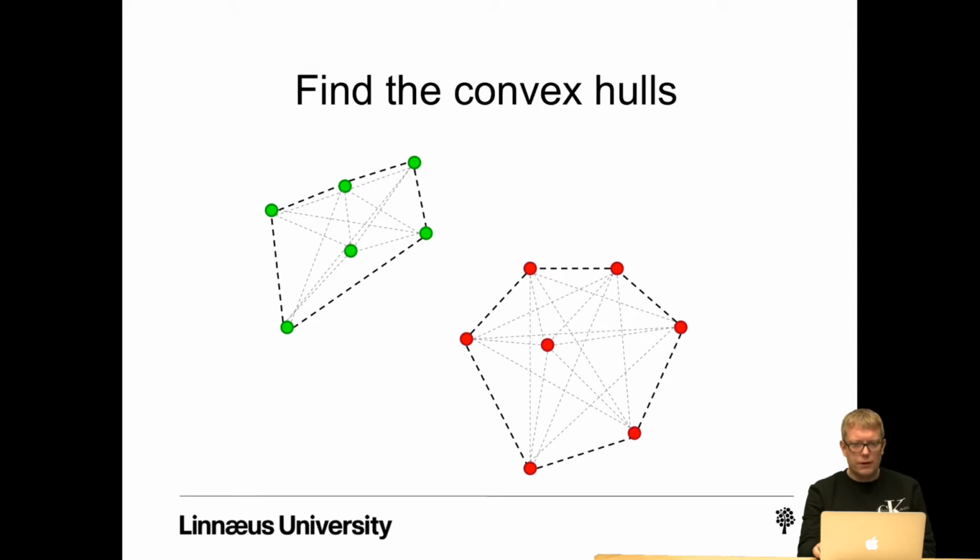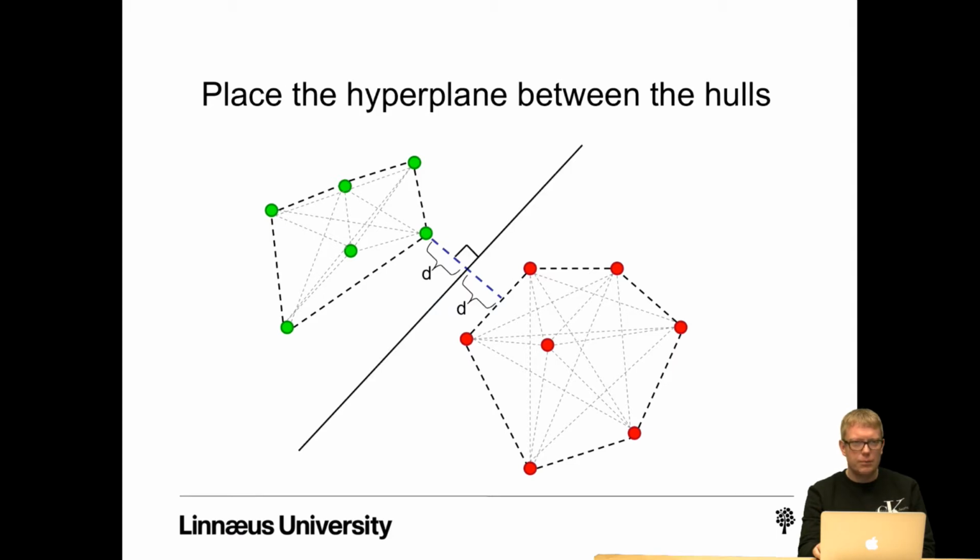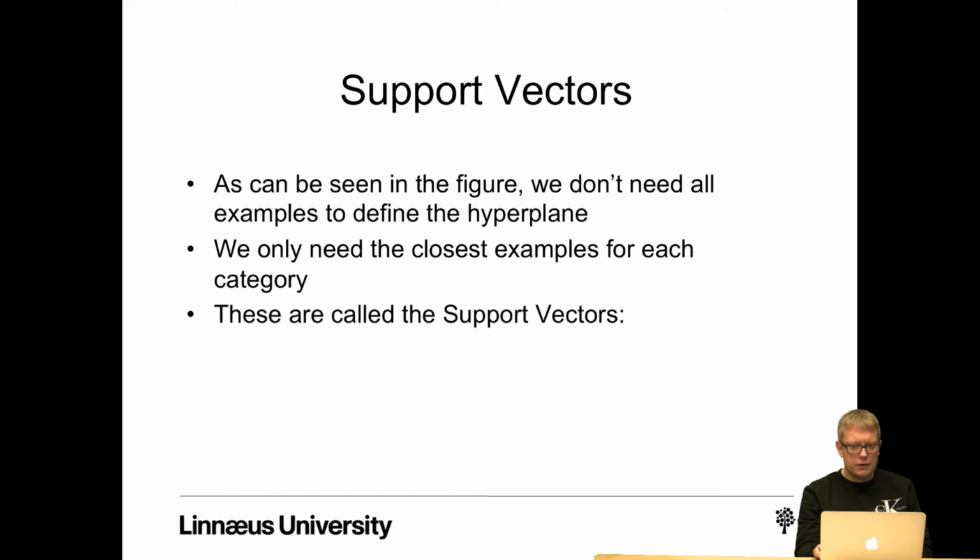And then we find the shortest line between the hulls, as shown here, the dotted line. And then we place the hyperplane exactly in the middle between the hulls.